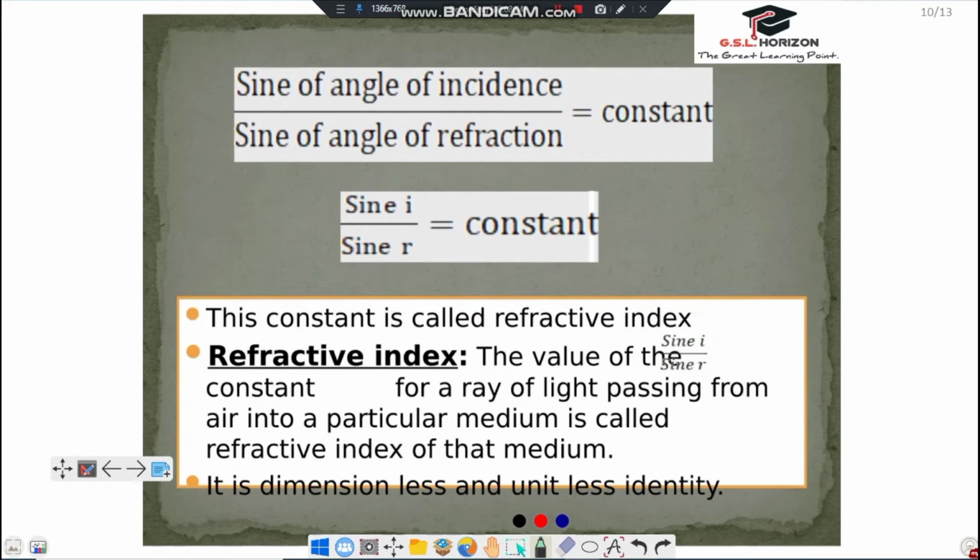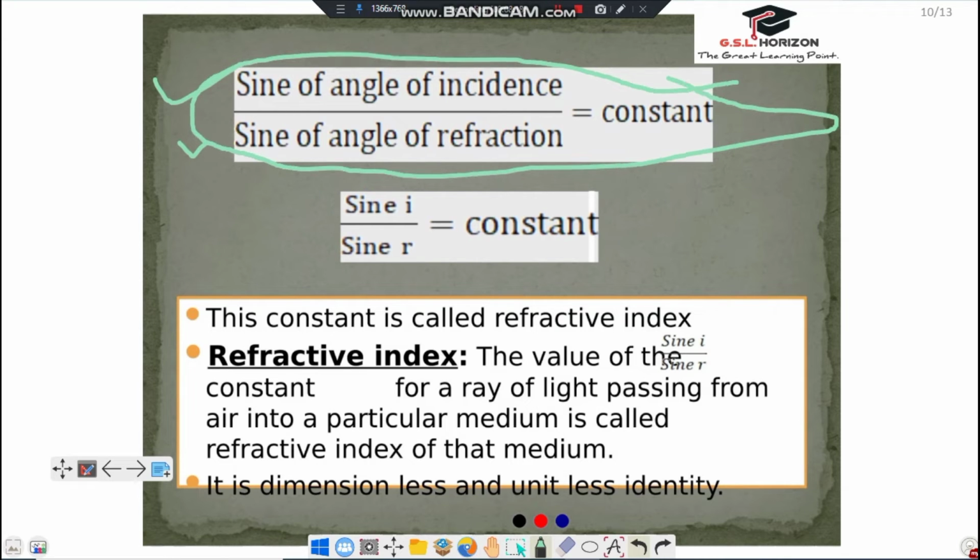As you can see here, sine of angle of incidence upon sine of angle of refraction is equal to a constant. Sin i upon sin r is equal to a constant. The constant is called the refractive index.